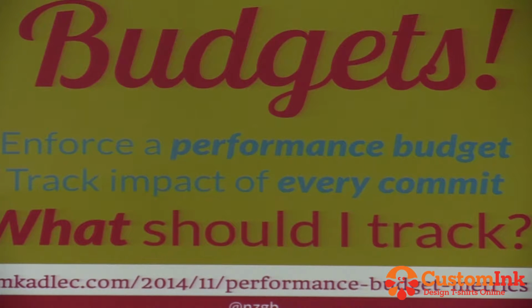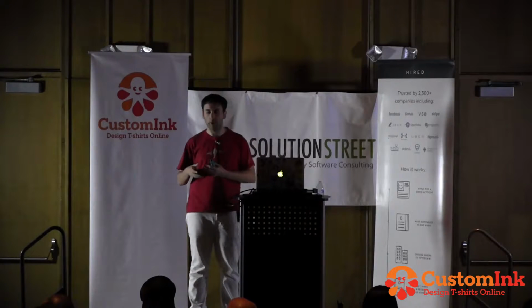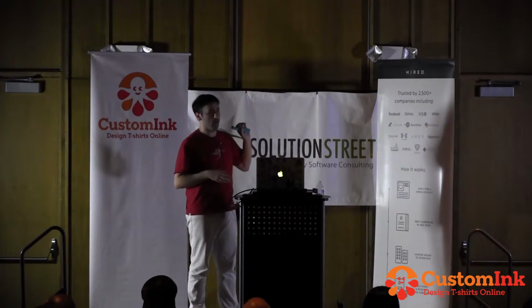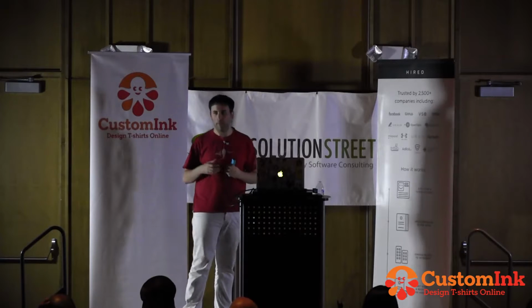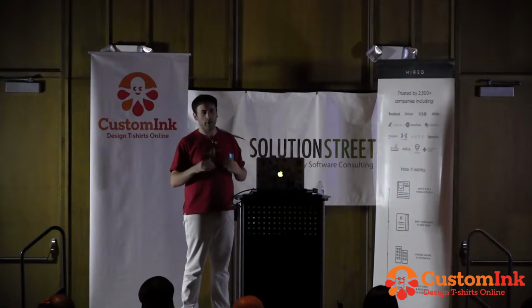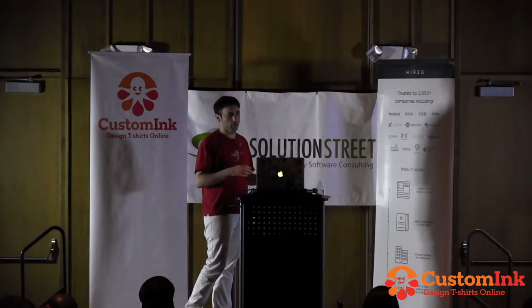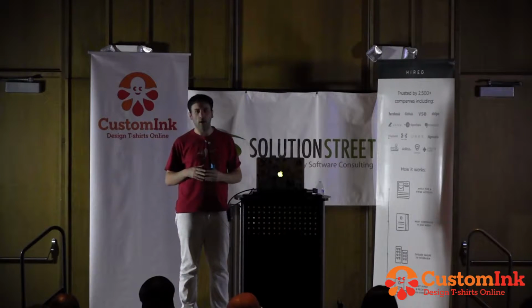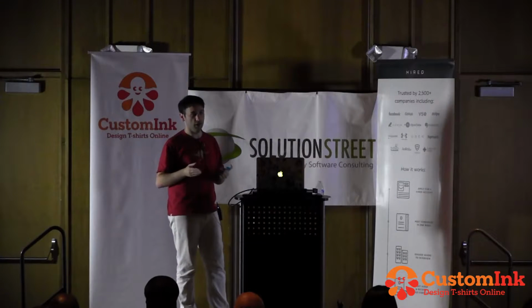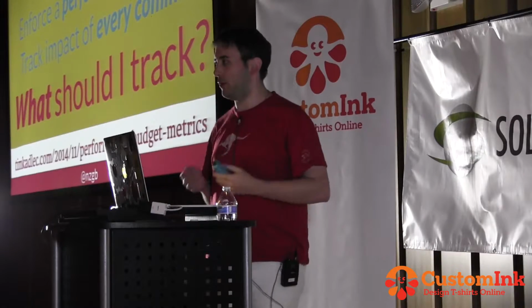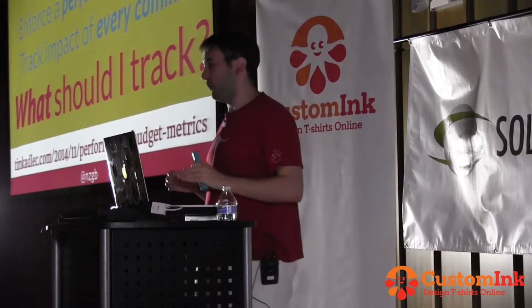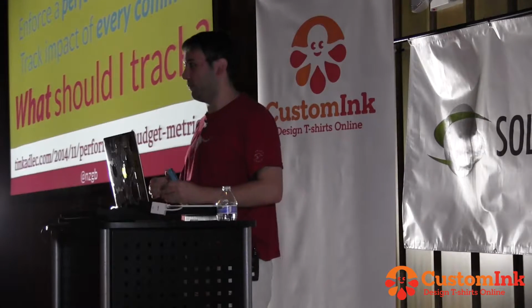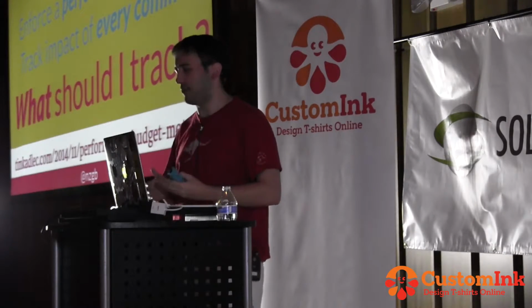The cool thing about measurements, once you learn how to measure performance, is also setting up a performance budget. And this really means making sure that you know where you stand with regards to your performance and how fast is slow. Right. So what kind of things can you track to say, okay, this is too slow, we're going to not deploy this build because it would affect performance and users too badly.